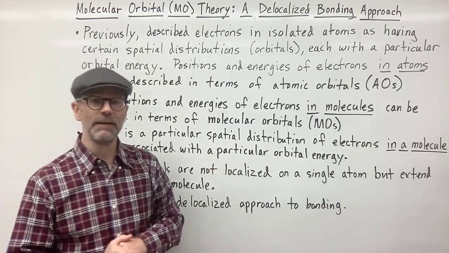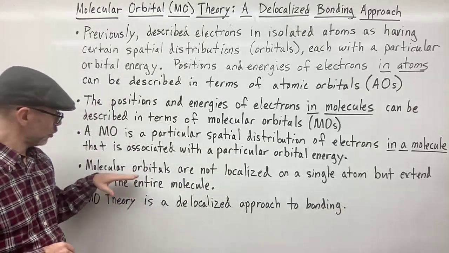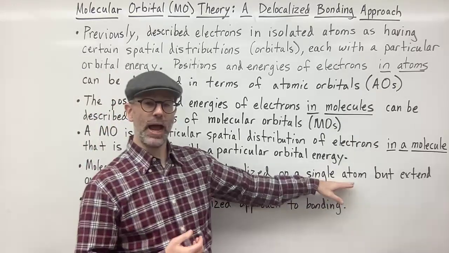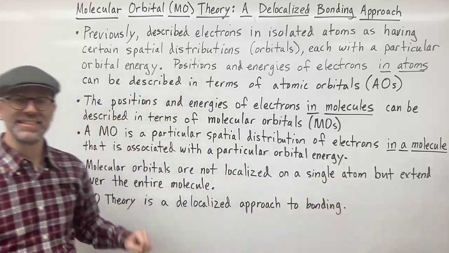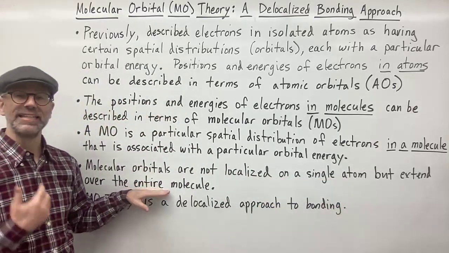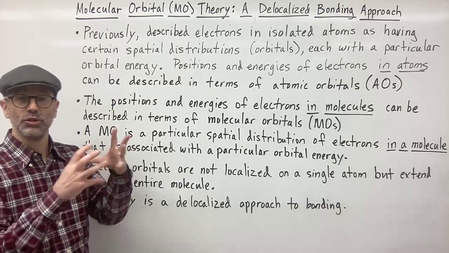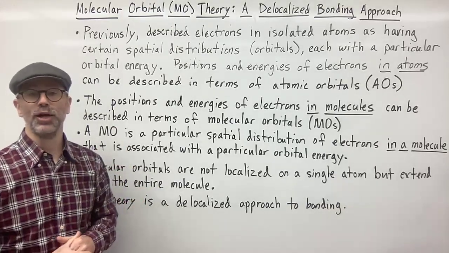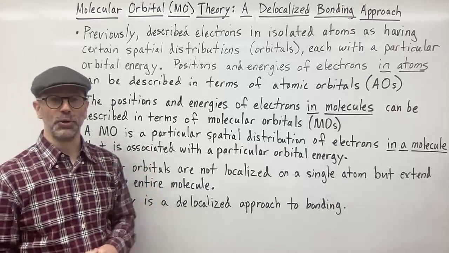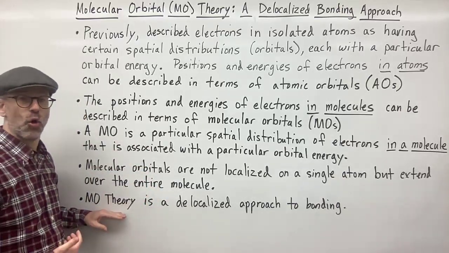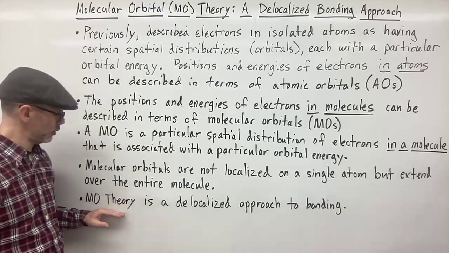So the difference is that molecular orbitals are not localized on a single atom, but extend over the entire molecule. So the electrons don't just belong to a particular atom in the molecule, they belong to the whole molecule. And so this is referred to as molecular orbital theory, or MO theory for short.